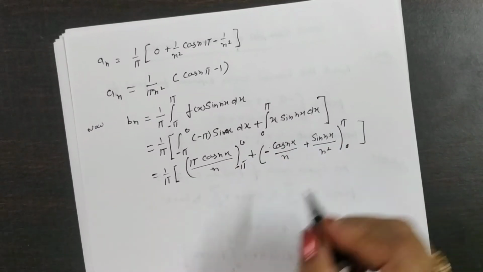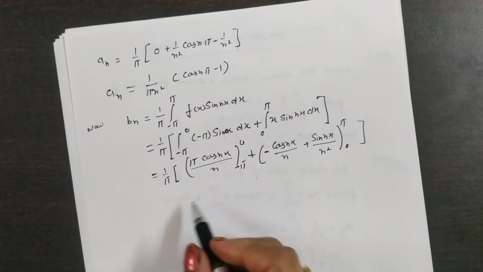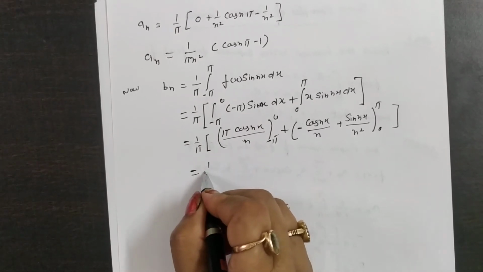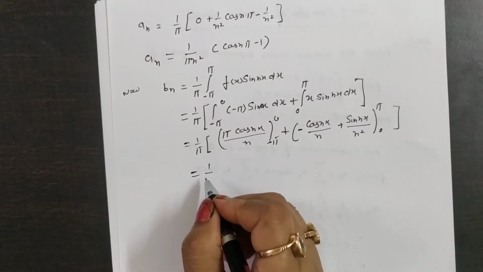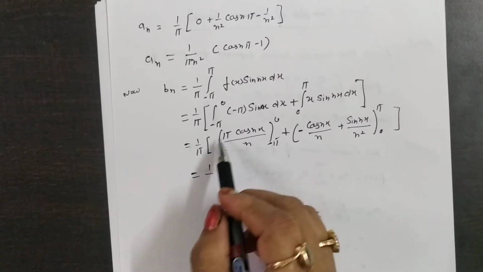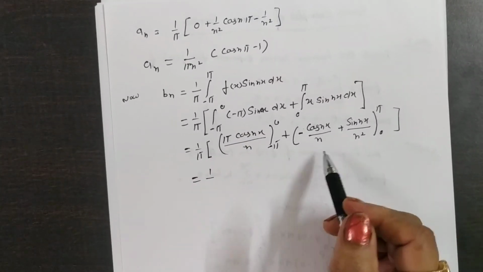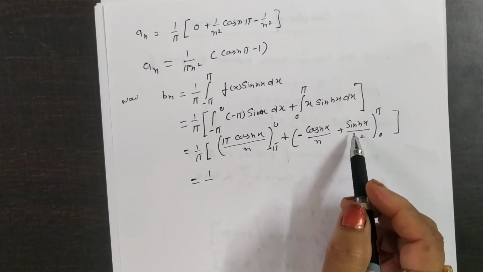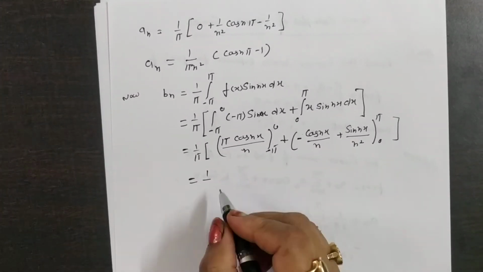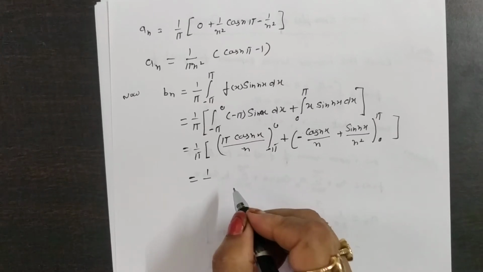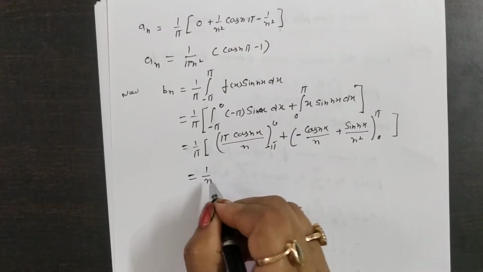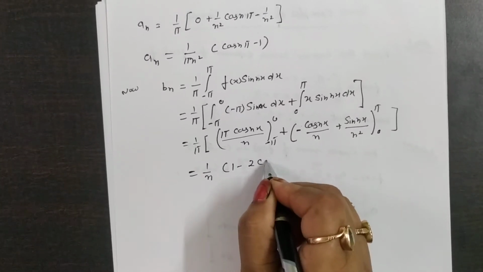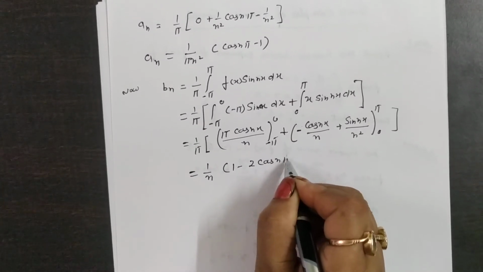Now substituting these values, here is pi by n, so pi is cancelled out on both. Similarly from here you get the values, so you get 1 by n, times 1 minus 2 cos n pi.